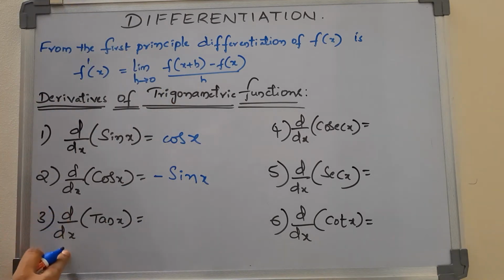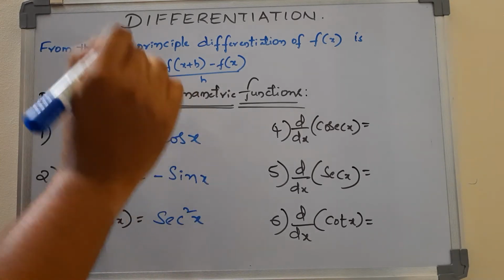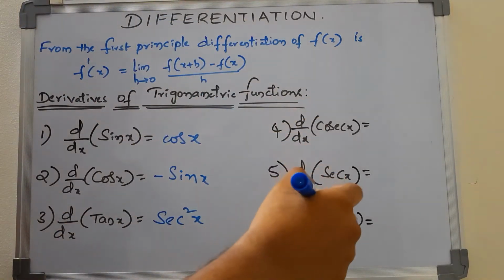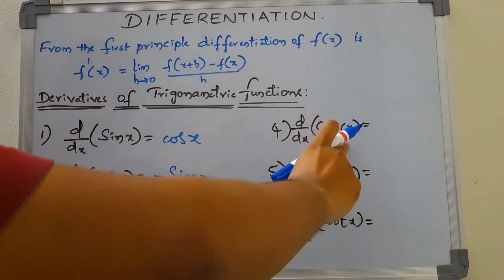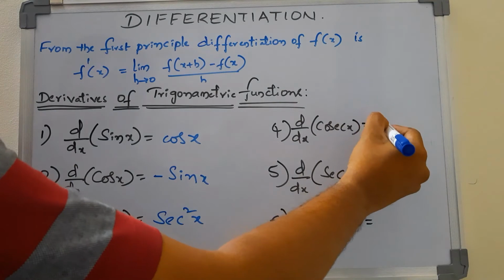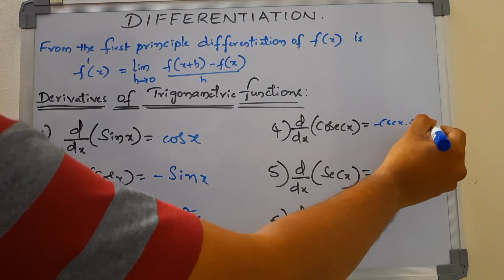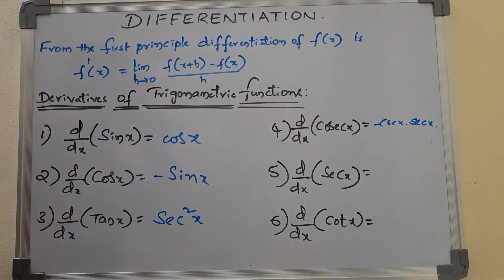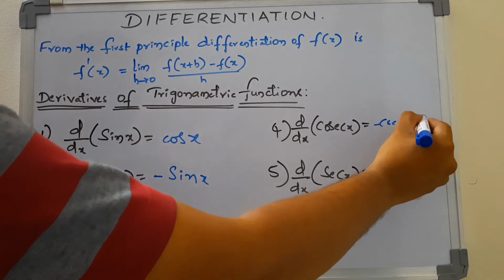The derivative of tan x can be written as secant square x. The derivative of cosec x can be written as minus cosec x into cot x.